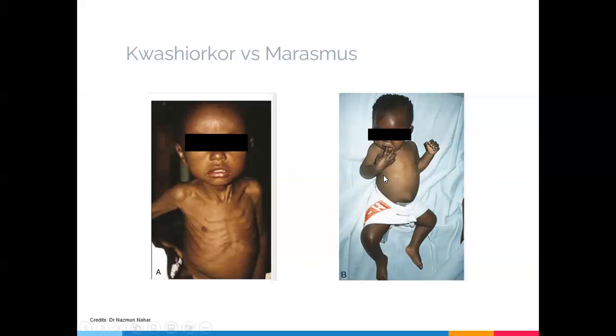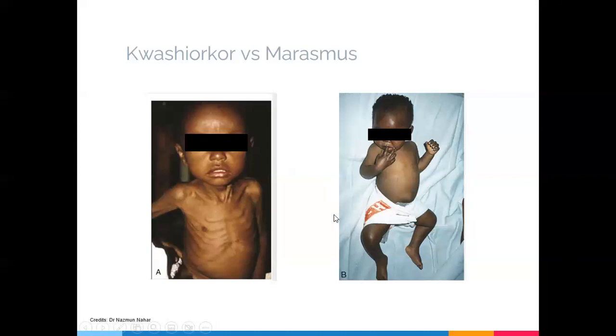So di ba, it's also manifested clinically katong atong nahibaw-an nga mas daghan ang masacrifice nga visceral compartment. It's because remember that albumin is a part of the visceral compartment, and you know that kwashiorkor sacrifices the visceral. So that's why mugamay ang albumin because it's a visceral protein, and makita gyud nato ang effect, no, nga nibukol ang bata, nahupong ang bata due to edema.